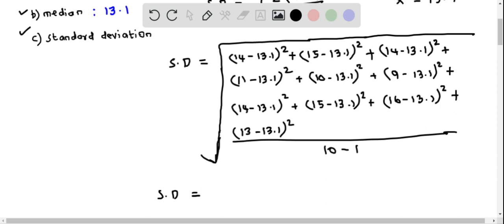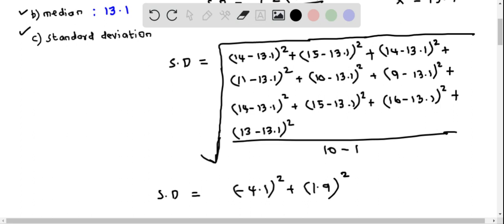So 14 minus 13.1 is 0.9, quantity squared, and when we square this it will become a positive number. And similarly, 15 minus 13.1 is 1.9, quantity squared.